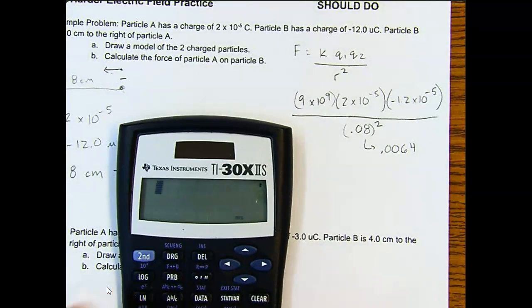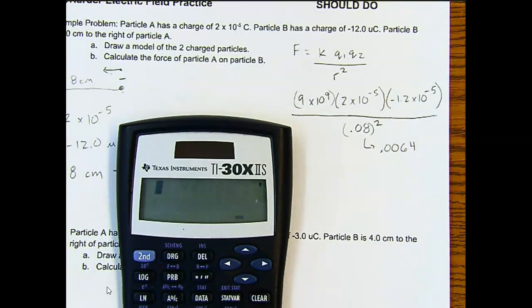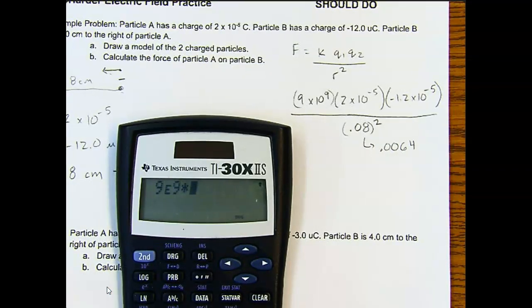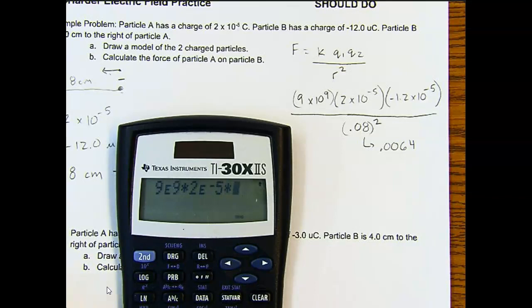All right, so let's see. 9 e to the ninth times 2 e to the negative fifth times, tricky, 1.2, again e to the negative fifth. A few negatives in there kind of throwing us off.